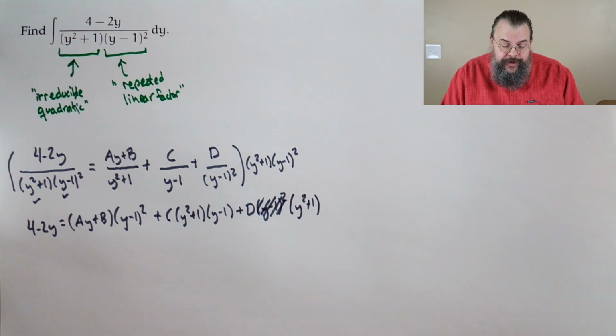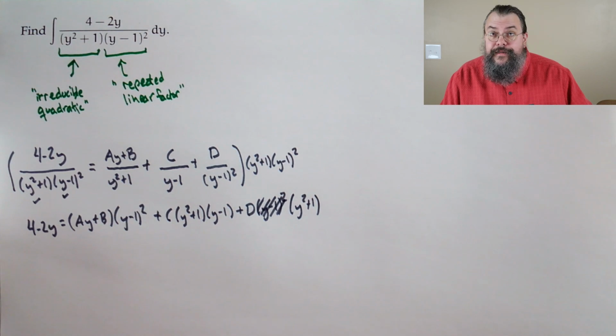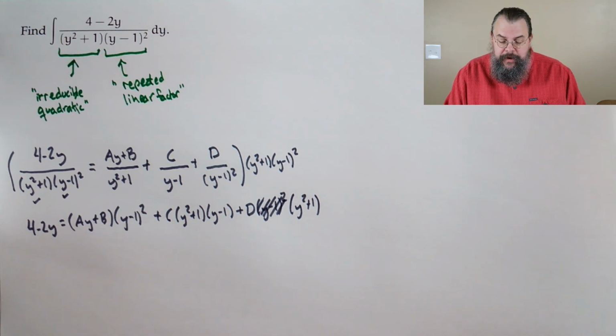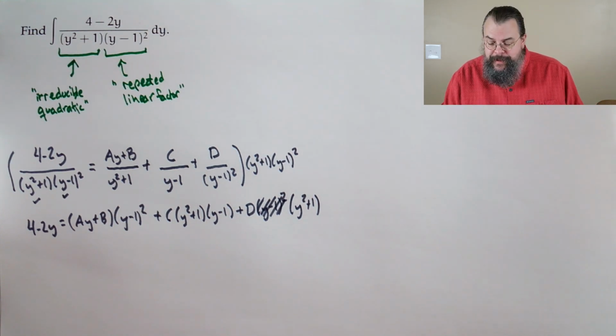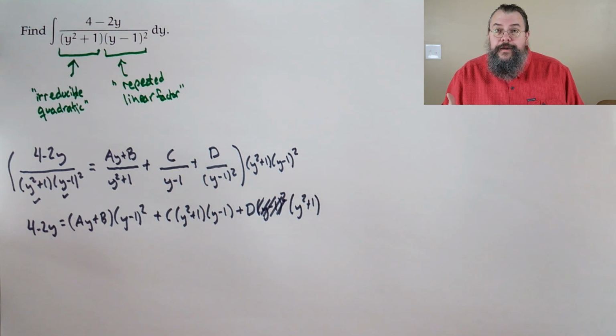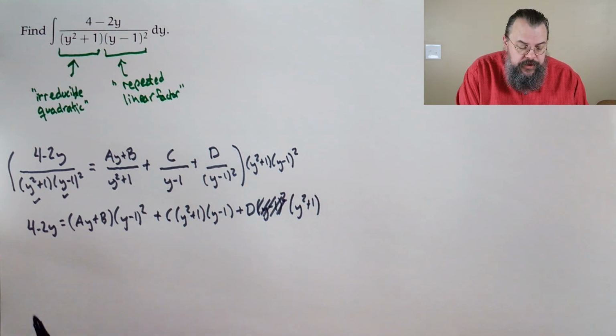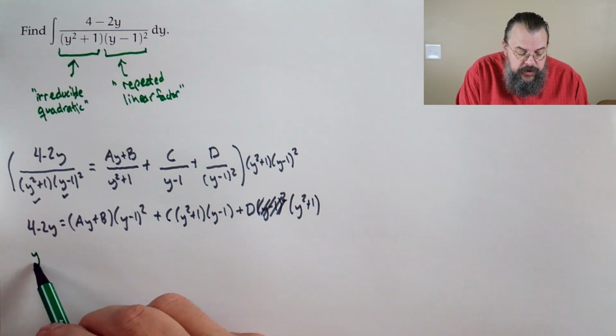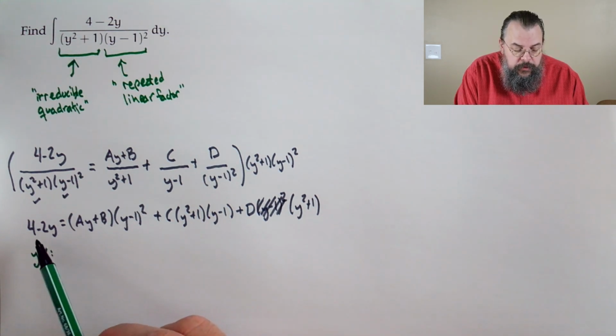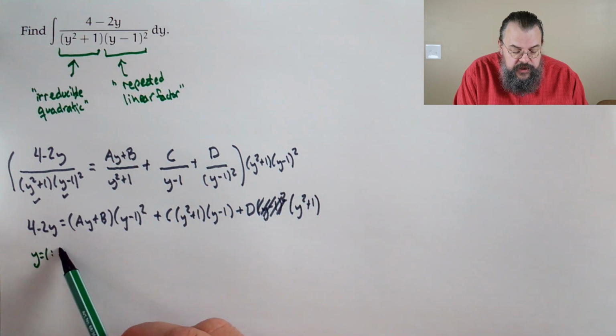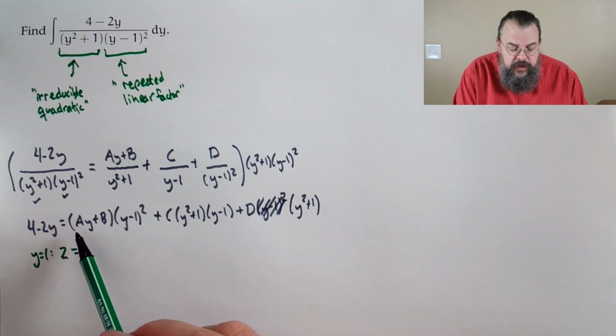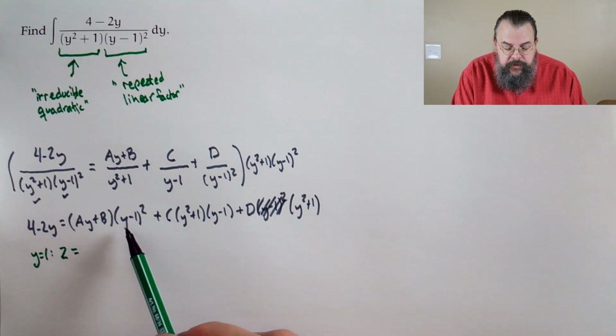Well, now the question becomes, do we have some good choices? And, well, do we? I think we have at least one good choice. And that is 1. 1 is a great choice. So let's choose y equals 1. If we choose y equals 1, what do we have? Well, we'll get 4 minus 2, which is 2. The first term will go away because of the y minus 1 squared.